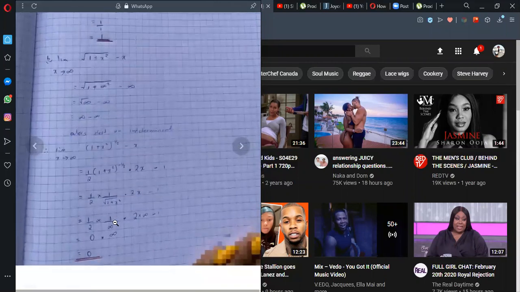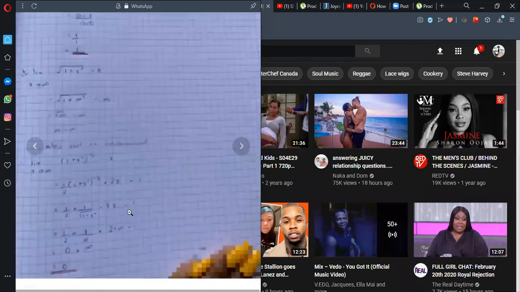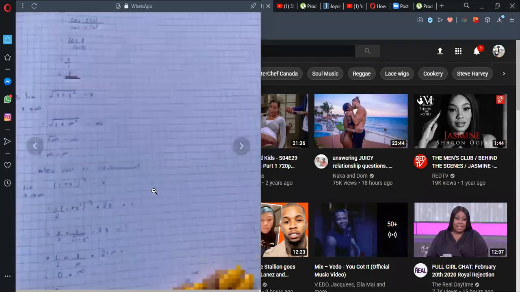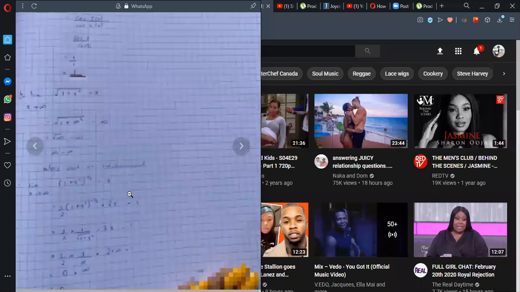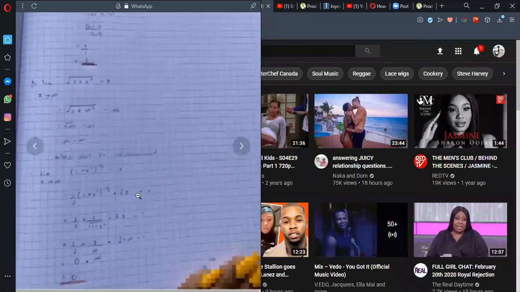The next question we're given is this one here: square root of 1 plus x squared, minus x. The limit in this case here is negative infinity, isn't it? So for this question, how we solve these is that even when you replace all the values with infinity, you still have to further solve the question.